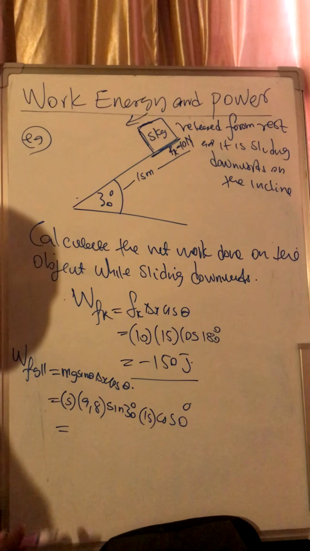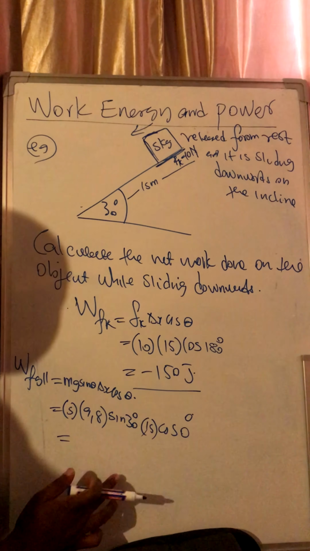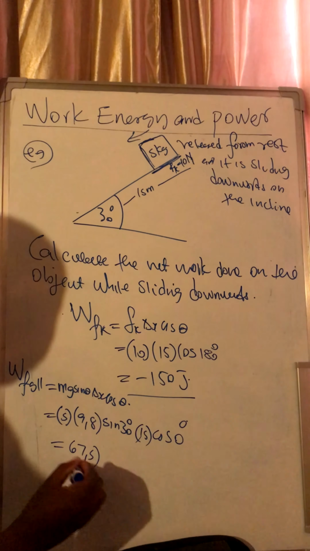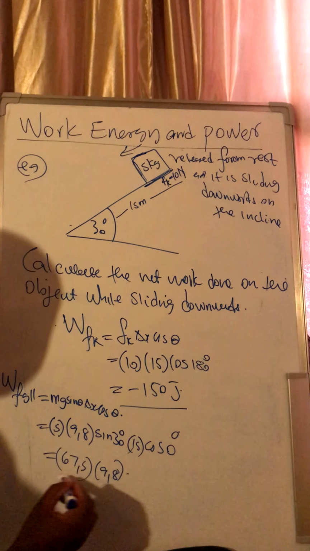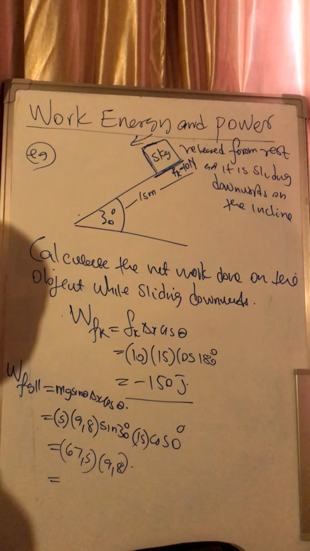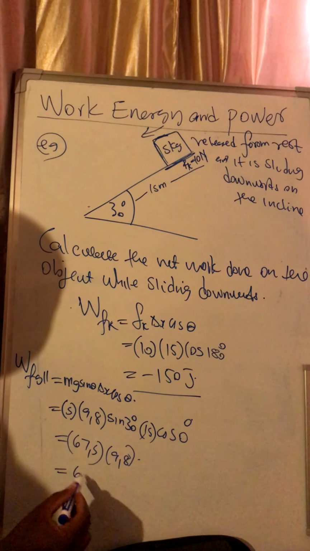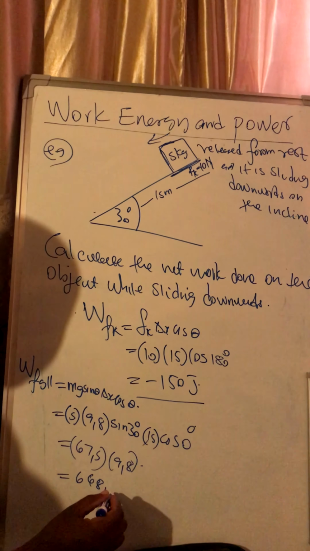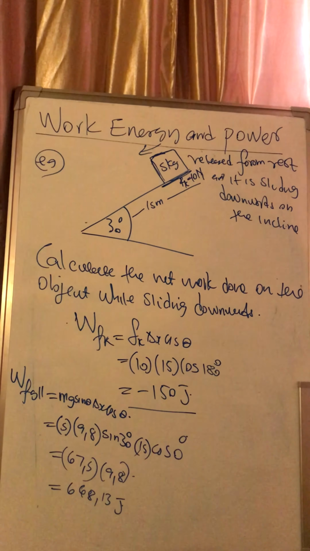So that means here, this one is going to give you 67,5 multiplied by 9,8. So meaning that this one is going to give us 668,3 joule. So this is what we're going to have.